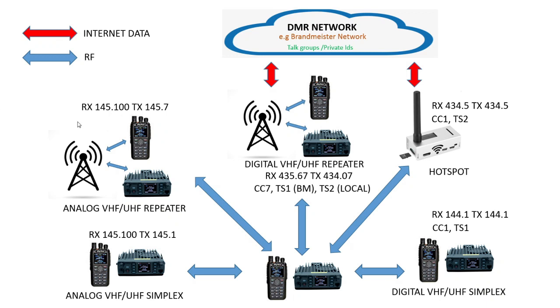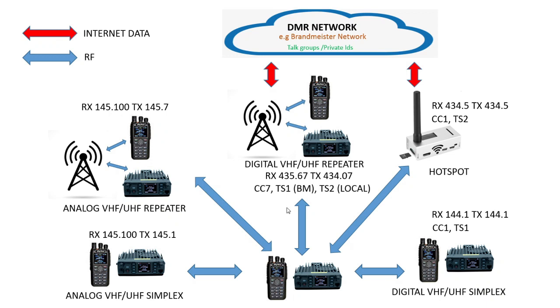The downlink frequency for that is 145.1 and the uplink frequency is 145.7. Which means that we receive from the repeater on 145.1 and we transmit to the repeater on 145.7.